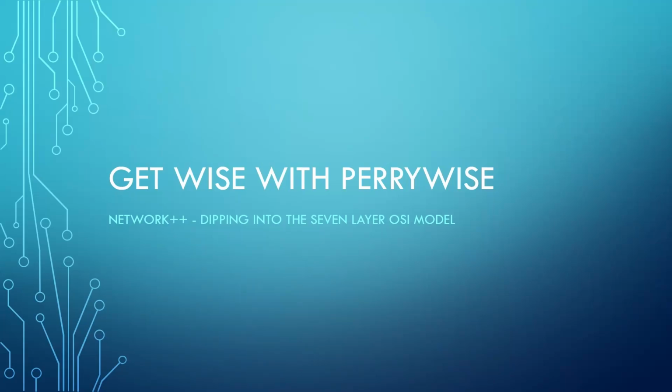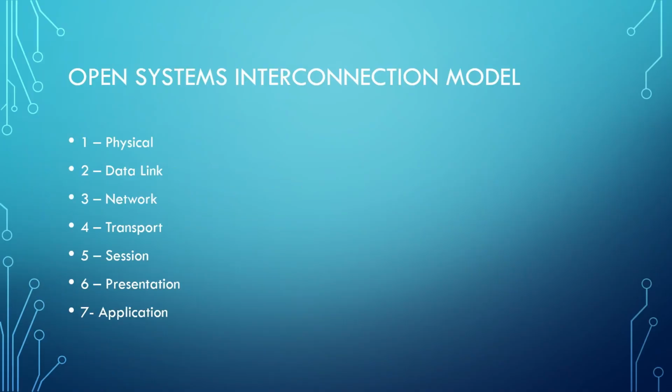Today on Getting Wise with Perrywise, we'll be covering the OSI model on the Network+. I hope you brought nachos. You may be asking, what is the 7-layer OSI model? It is defined as the Open Systems Interconnection model. It is essentially how a network operates.